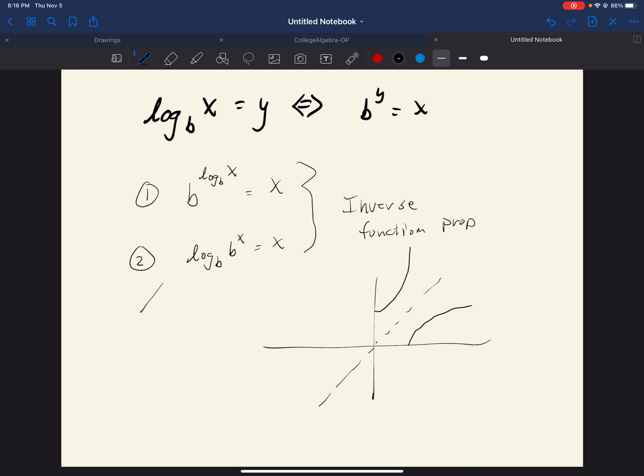So I will write those out. What that means is 10 to the log x is x, or log of 10 to the x is x, or e to the ln x is x, or ln e to the x is x.